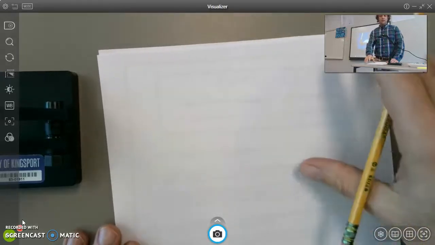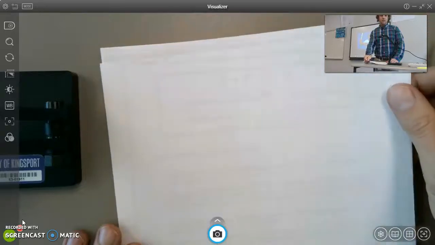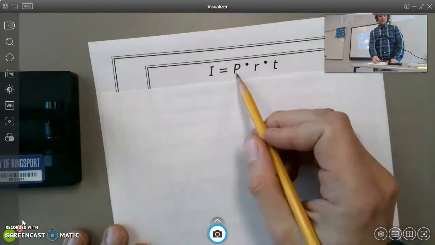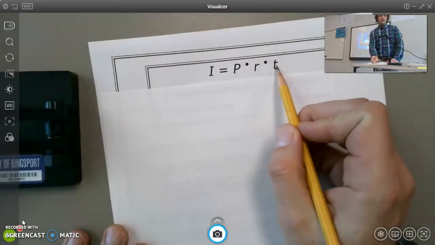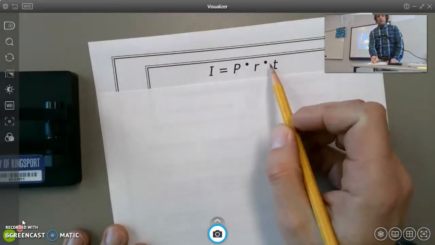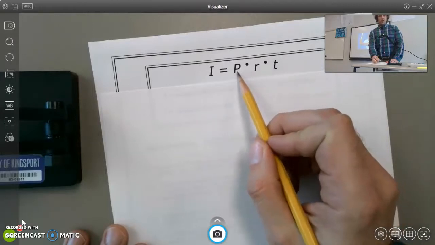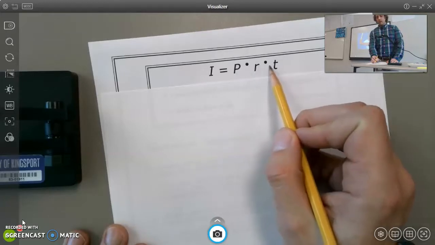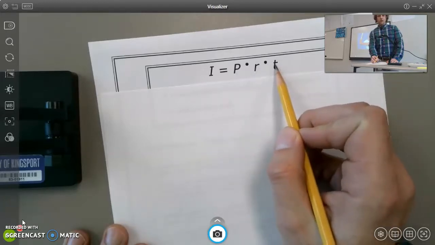But in just the simplest understanding of interest, we look at interest as principal times rate times time. Meaning, if you put some money in the bank, that's your principal, you would get some interest rate, and it would multiply by that rate every year.